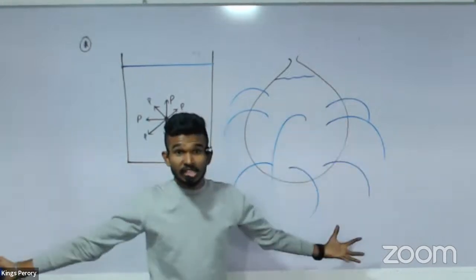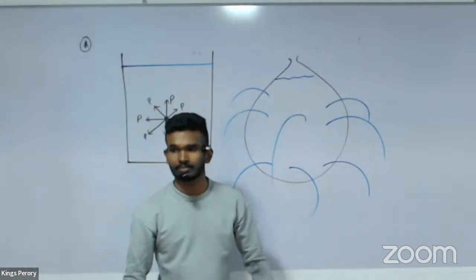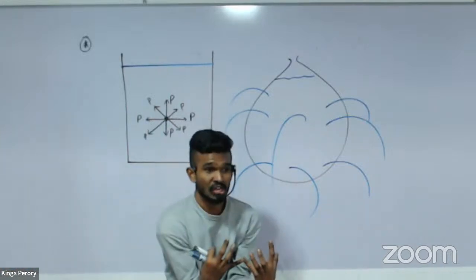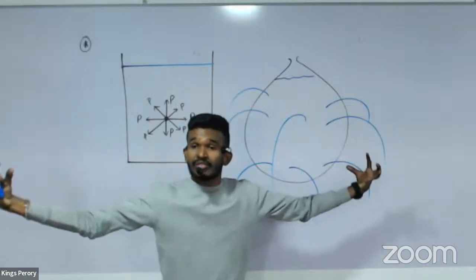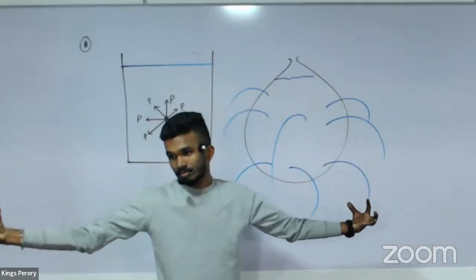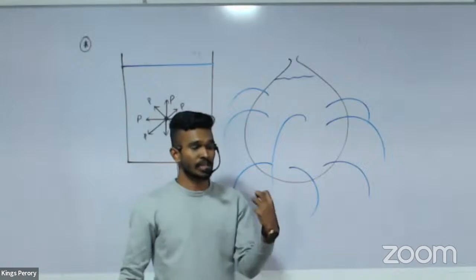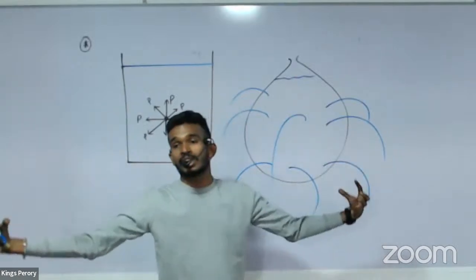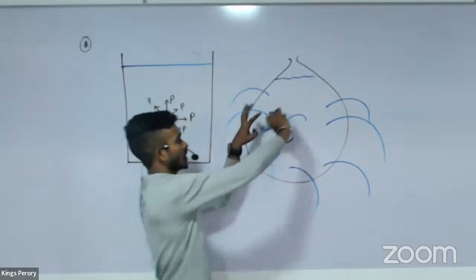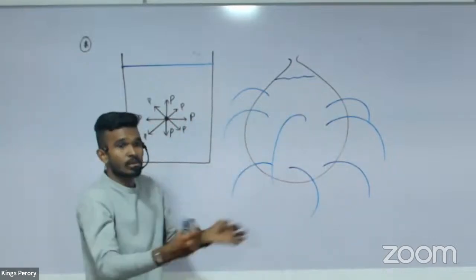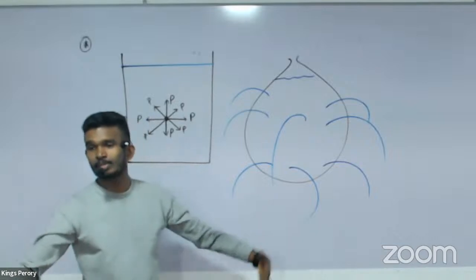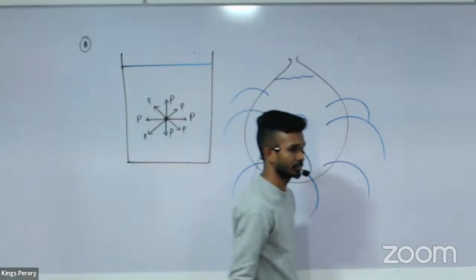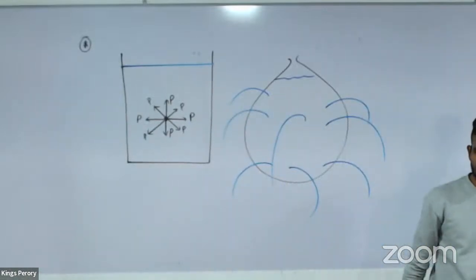From all the sides, water is sprayed out. Why? Because pressure is pushing the water from all the direction. So hydrostatic pressure at a given point acts in all the direction. Think 3D, not only sideways. All the sides you put holes, from all the sides water will be sprinkling outward. Understood the point there?